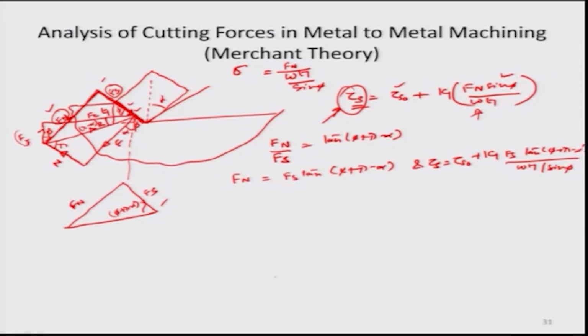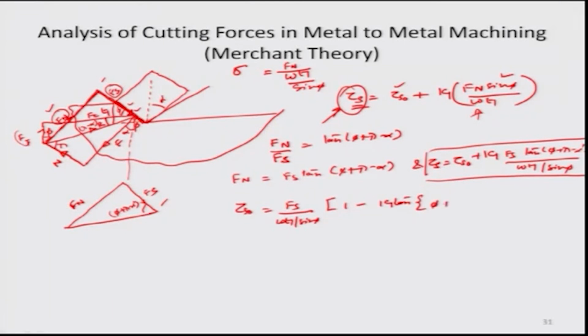Further, I can now have from this whole equation the value of tau s0, which comes out to be Fs divided by Wt1 by sin phi, times 1 minus k1 tan of phi plus lambda minus alpha.